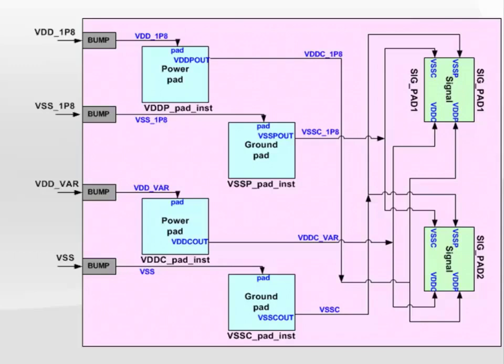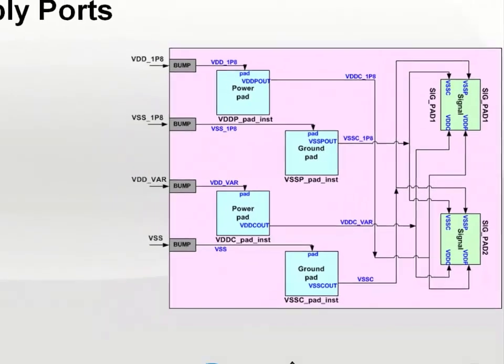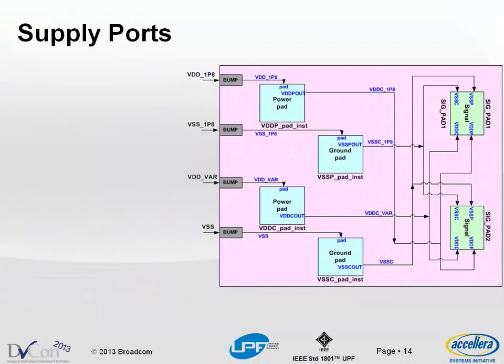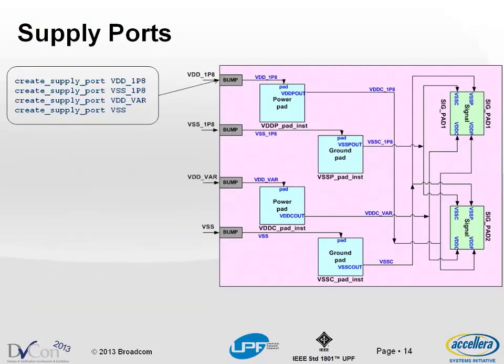And that's not really good for implementation because implementation tools really value treating signal and power supplies differently. So how are we going to model something like the IO pad? Same rules. We create supply ports. So instead of creating it at an IP level, now you're going to create this at an SOC level. And your SOC level power ports would be listed in the create supply port definitions.